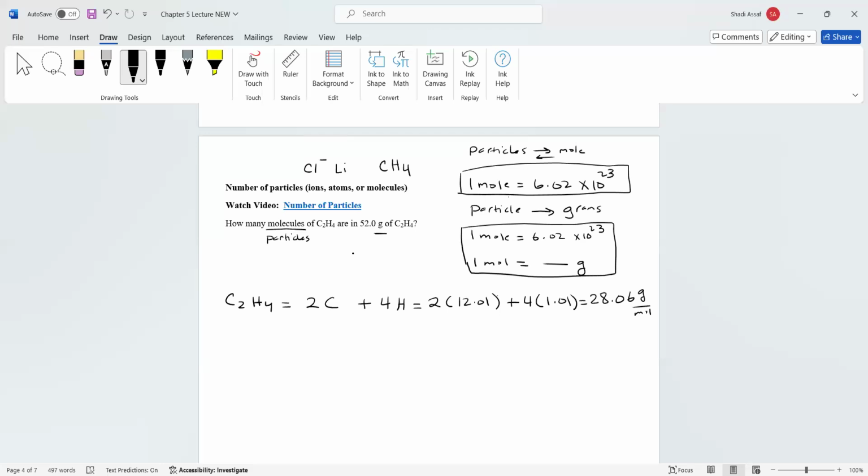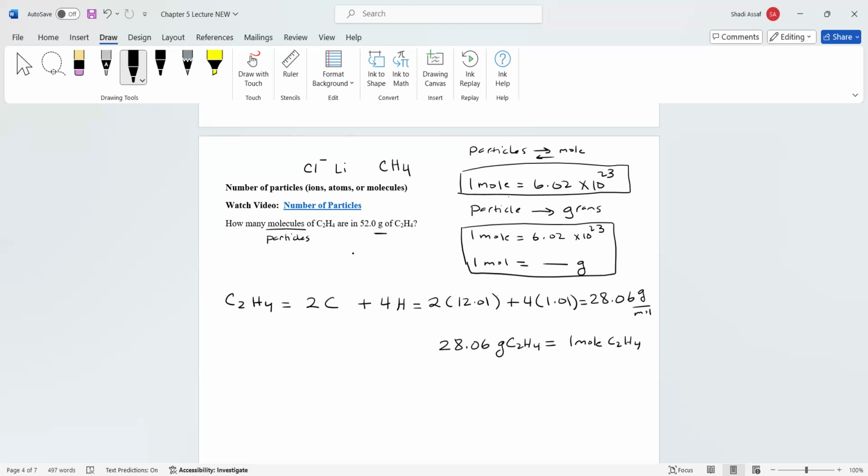Let's write this as a conversion factor: 28.06 grams of C2H4 equals 1 mole of C2H4.